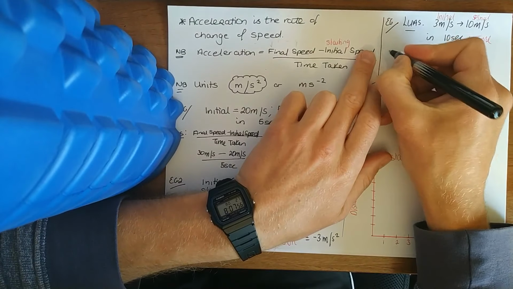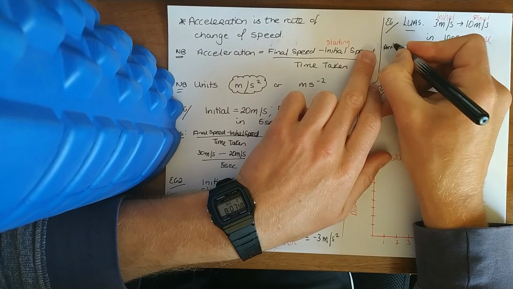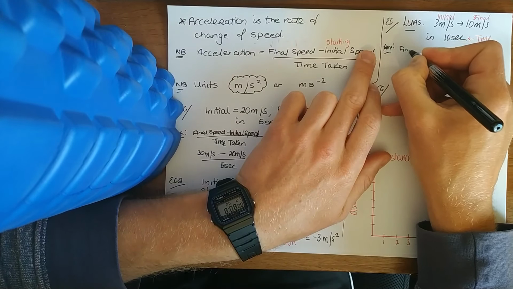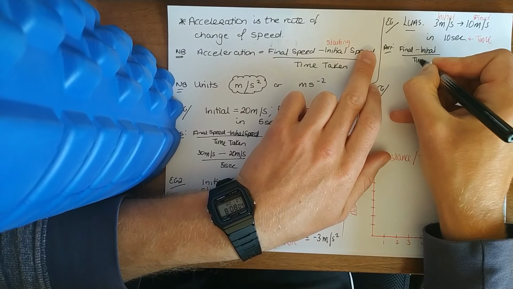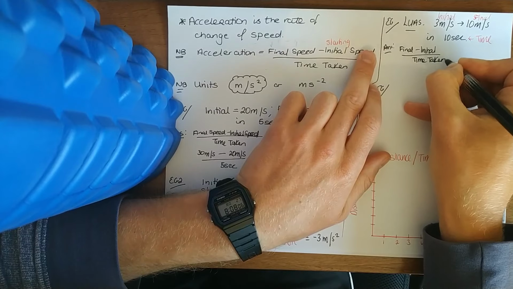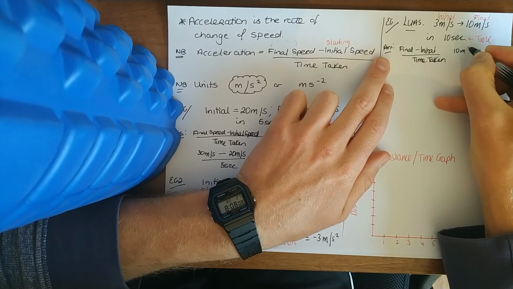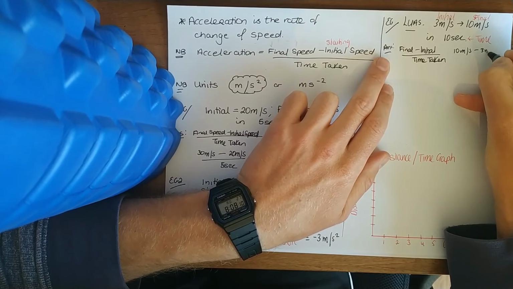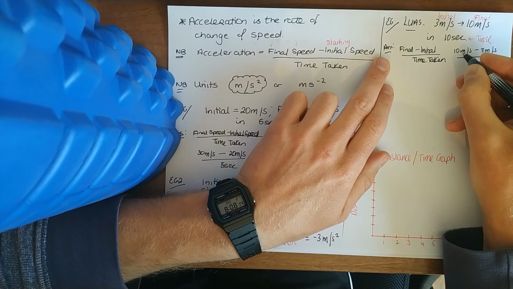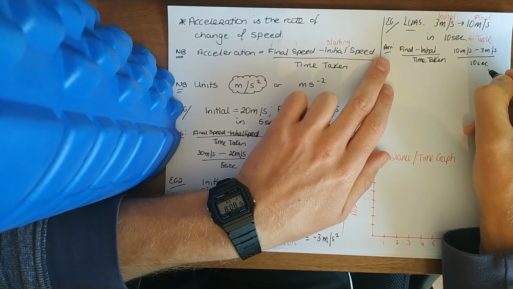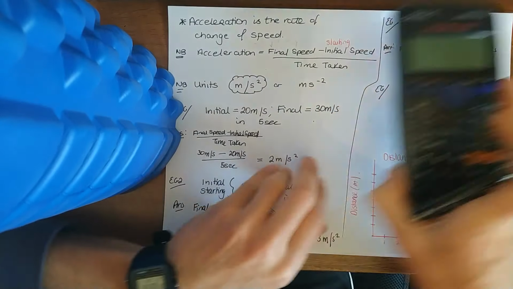So they've asked for the acceleration. So again, this is all your workings, you must show them. Final minus initial over time taken. My final speed is 10 meters per second. My initial speed is 3 meters per second. How long did that take? 10 seconds. So 10 minus 3 is 7. 7 over 10 is 0.7.